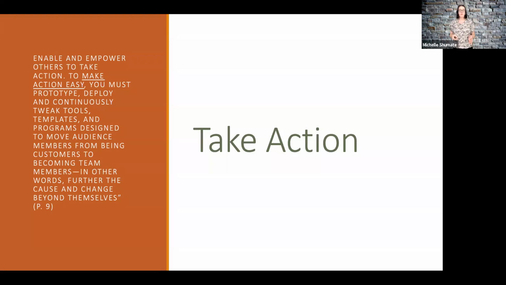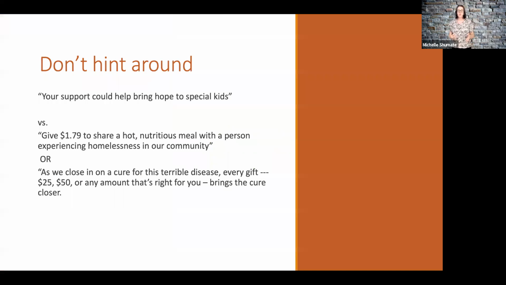And you see this all the time if you've paid attention to appeals that come from nonprofit organizations. For example, you don't want to just hint around and say, your support could bring help to special kids. That's true, but if you get more specific, you're much more likely to get somebody to take action.